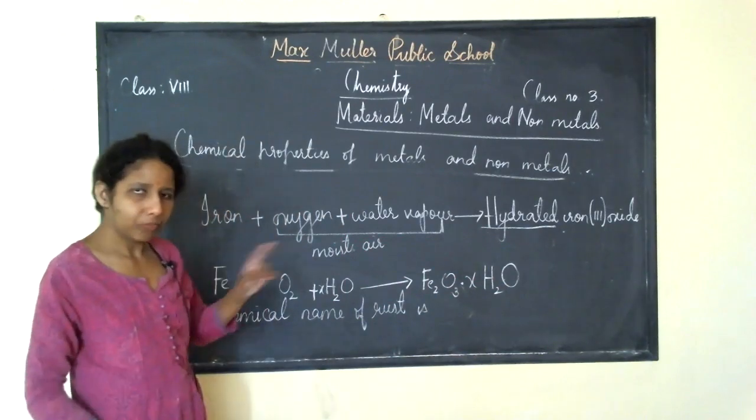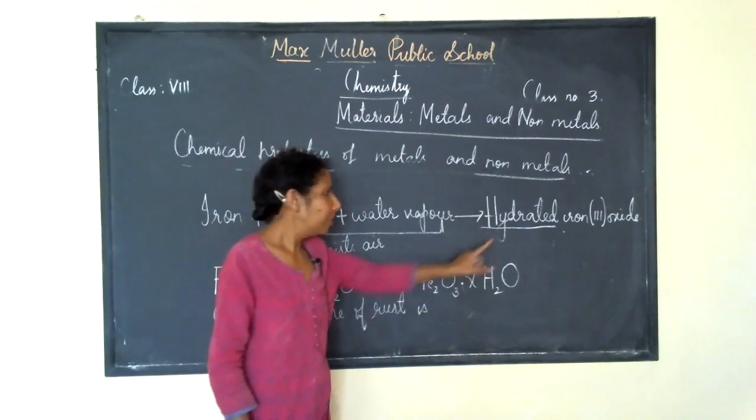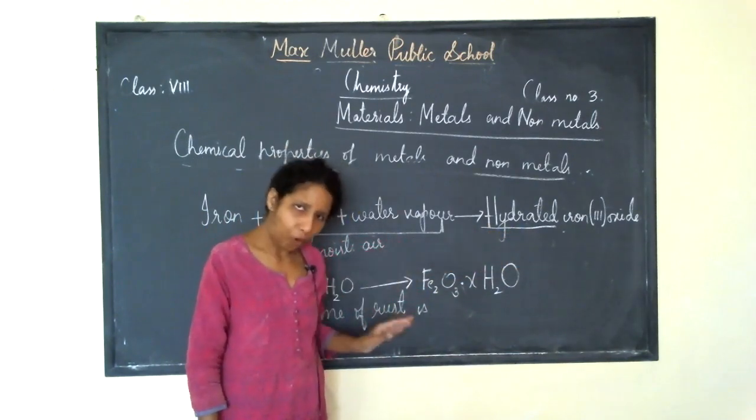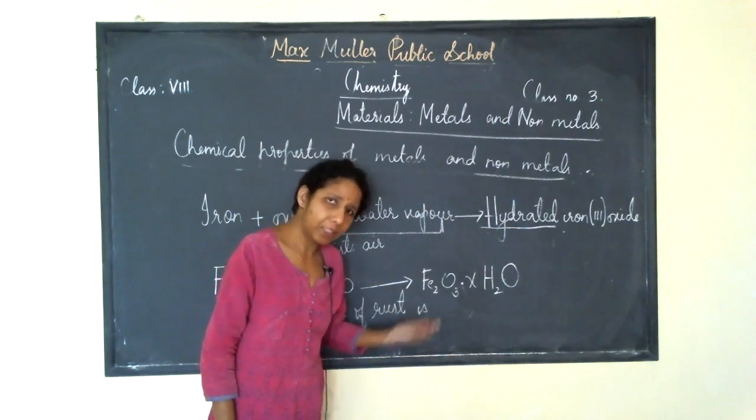Same thing as what we did with magnesium oxide. You dissolve this hydrated iron 3 oxide in water and perform the litmus test.